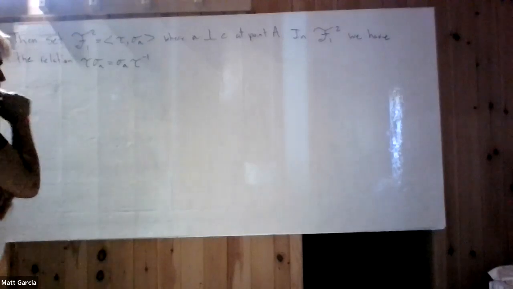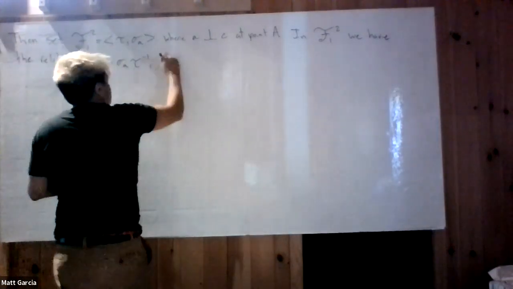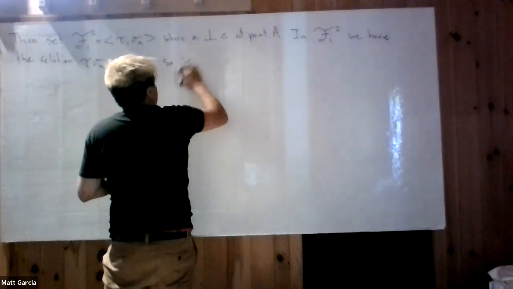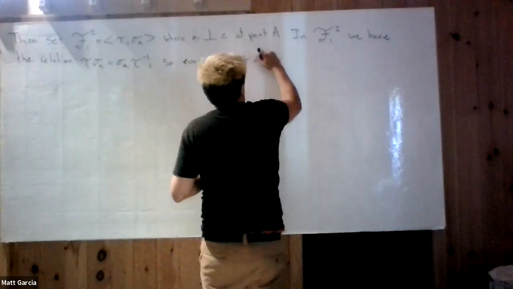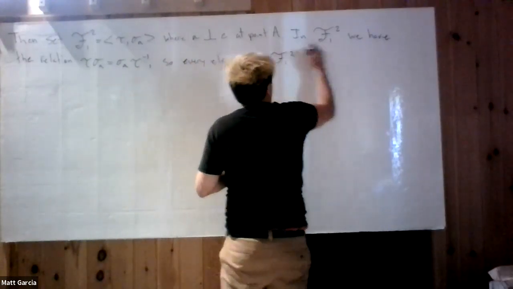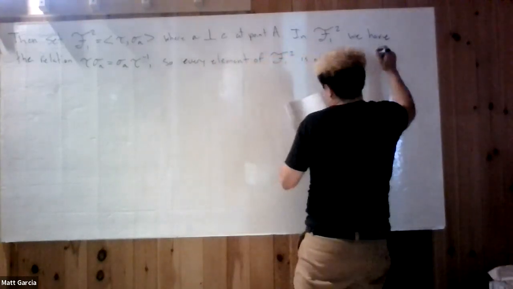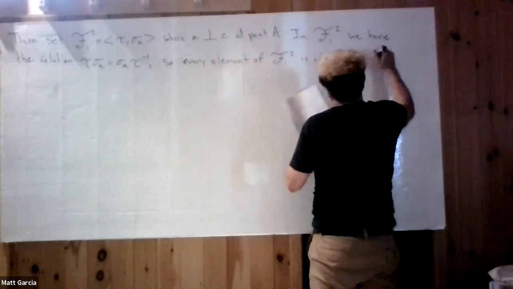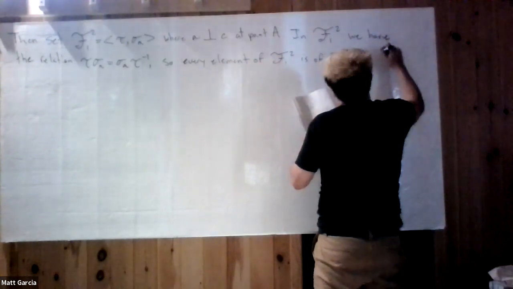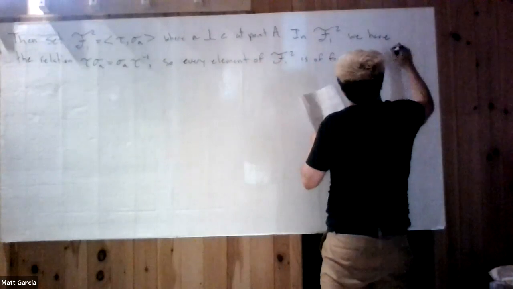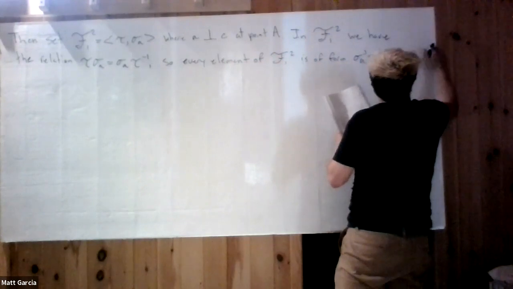Okay, so think about this. Every element of F12 is of the form sigma A to the J, tau to the I for some I and J.